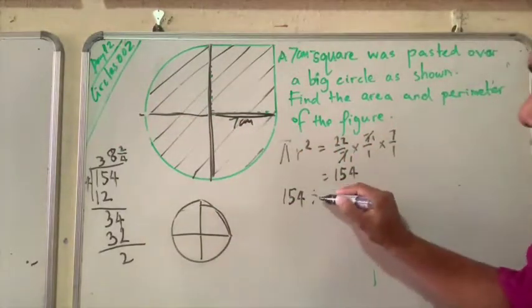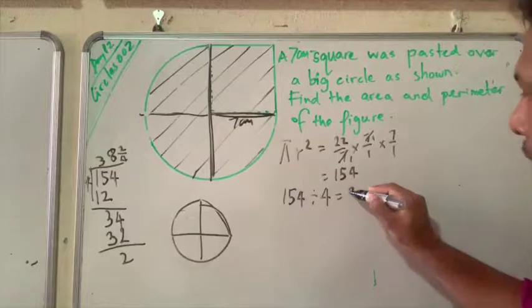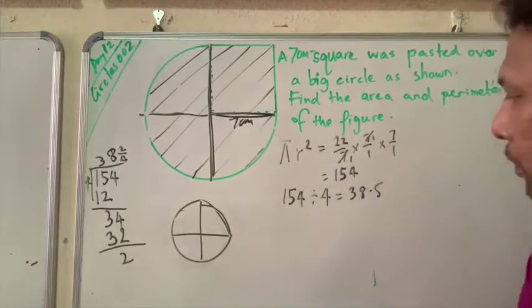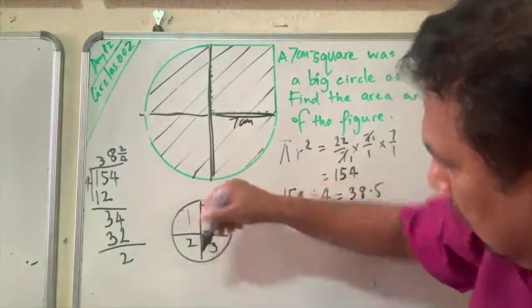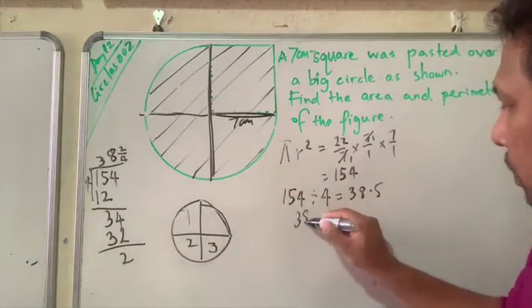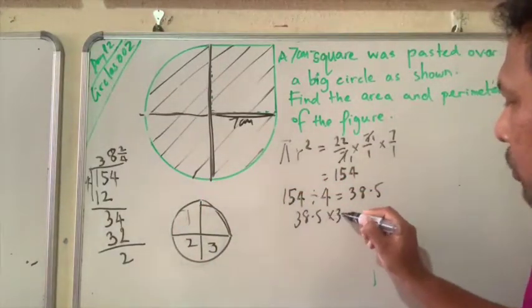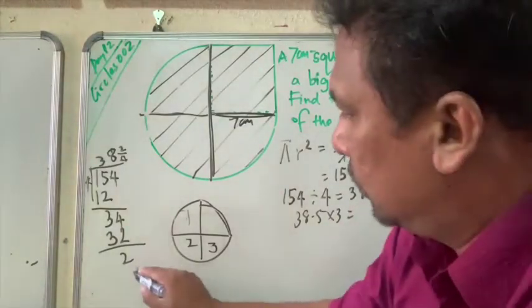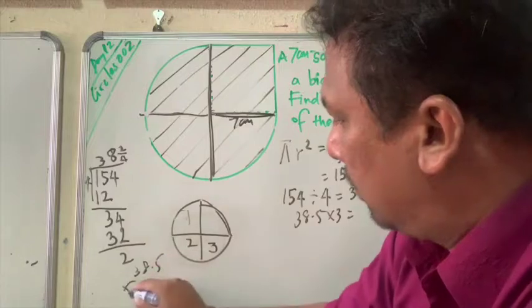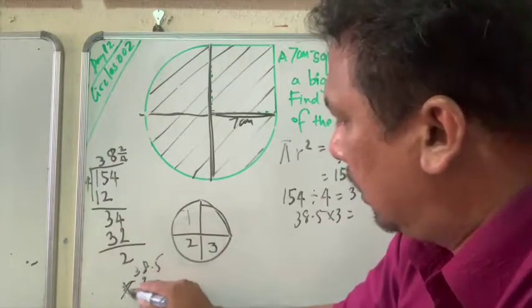So when you divide this by 4, you get 38.5, and then you need to multiply 1, 2, and 3. So it's actually 38.5 times 3. And what is that equal to? Let us try again. 38.5 times 3.